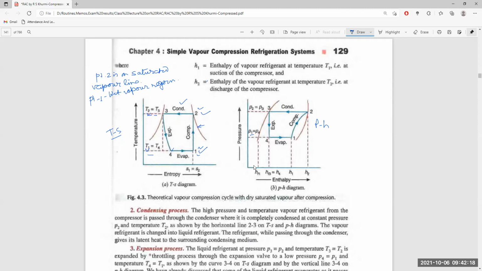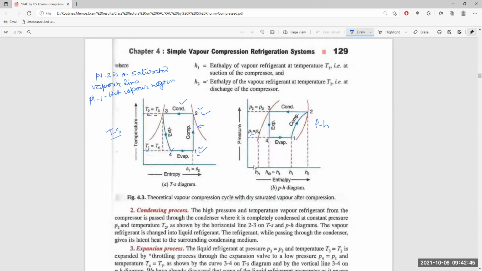Here, what you see is that line 1 to 2 is the compressor line. Here on the enthalpy axis, on this side we are in the liquid state and on this side we are in the gaseous state. At point 2 it is just at the saturated vapor line.